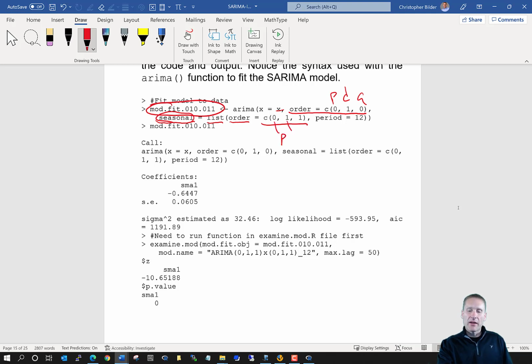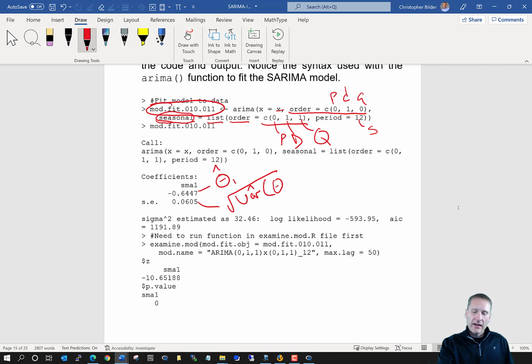So this is capital P, capital D, capital Q. And then for the seasonality, I can use the period argument to specify S. So I estimate the model and then I print off the results. And so this is, let's say, capital phi hat 1, negative 0.6447. Here is the square root of the estimated variance of capital phi hat 1 as well.